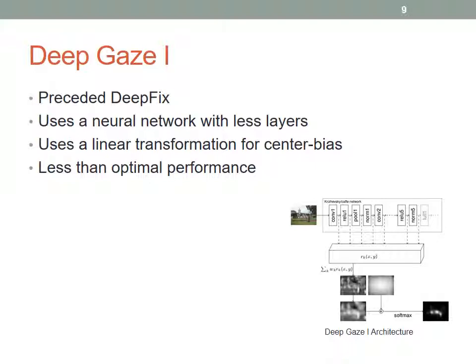So it's more of a linear transformation for the center bias, and the convolution layer that the previous neural network put together was provided a bunch of different Gaussian blobs of different variances.